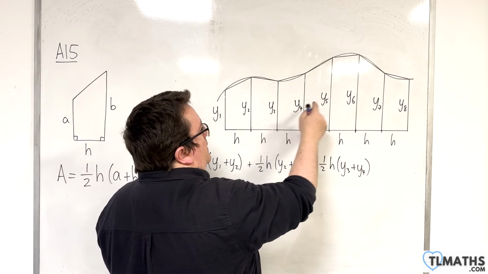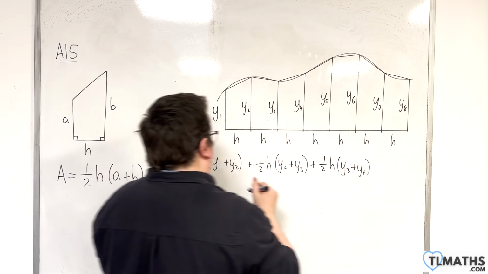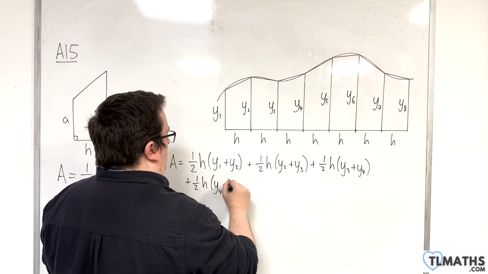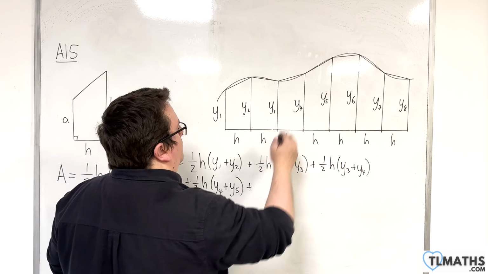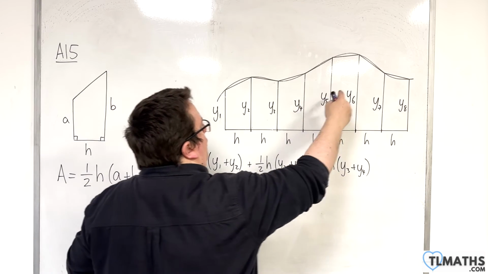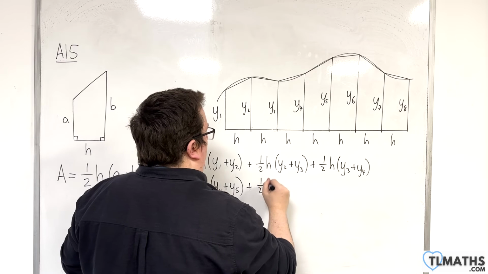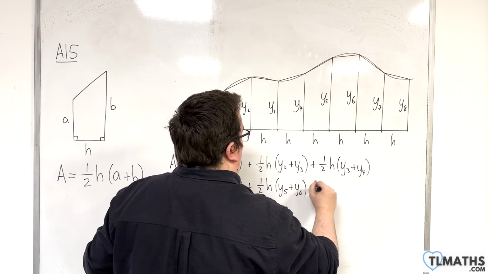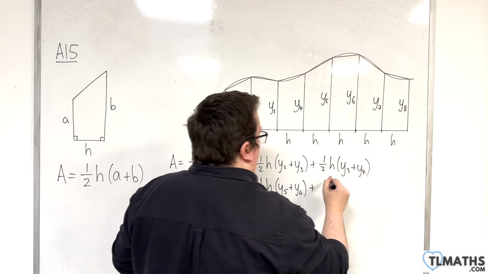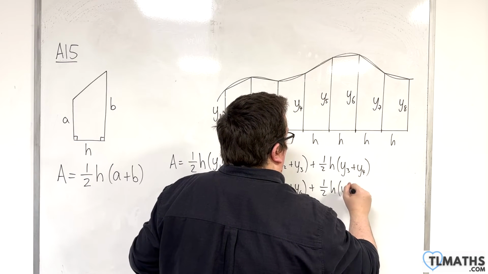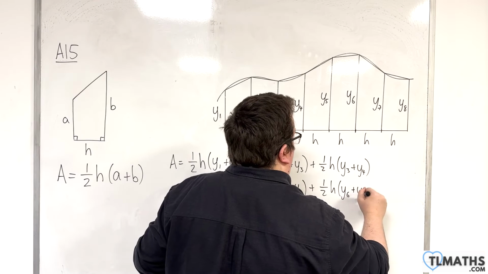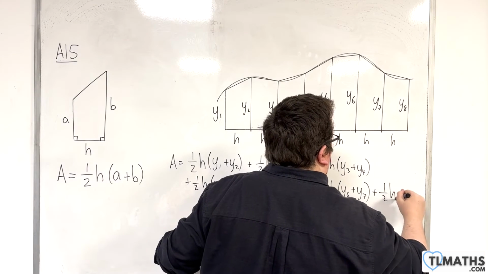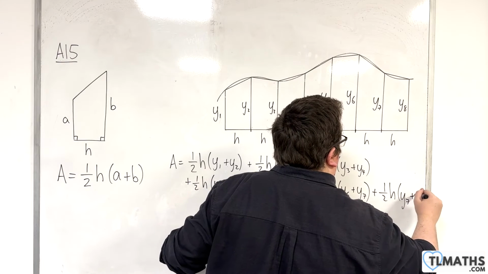Okay? Then we've got the fourth one. So 1/2 times h, y4 plus y5. Then we've got the fifth one, 1/2 times h, y5 plus y6. Then we've got the next one, 1/2 h, y6 plus y7. And then we've got the last one, 1/2 times h, y7 plus y8.